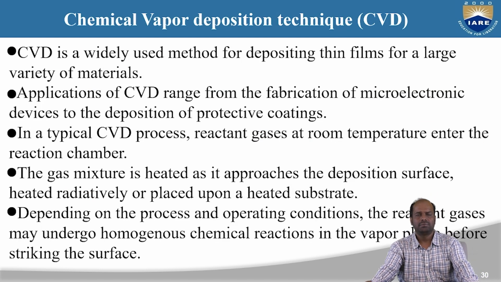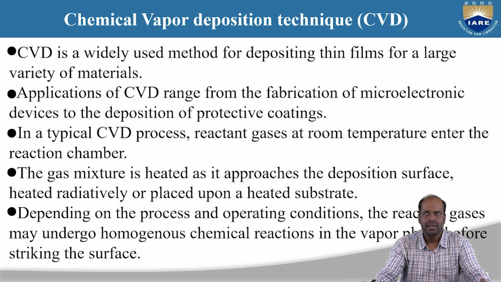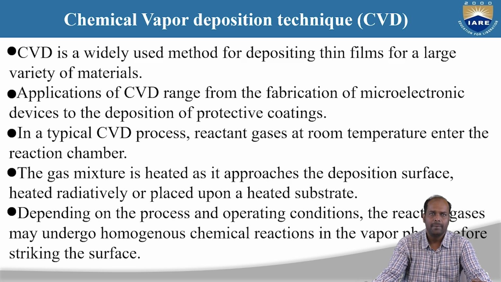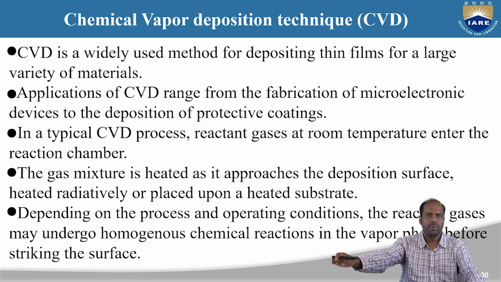Another technique is chemical vapor deposition. It is the most useful technique for depositing thin films of a large variety of materials. Applications range from the fabrication of microelectronic devices to the deposition of protective coating materials.